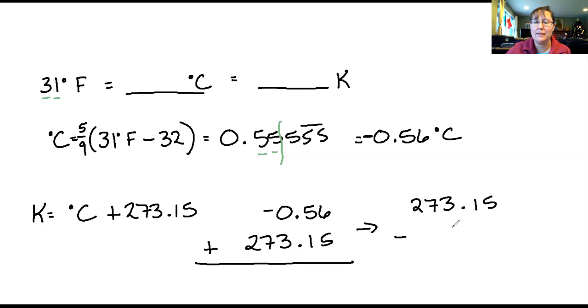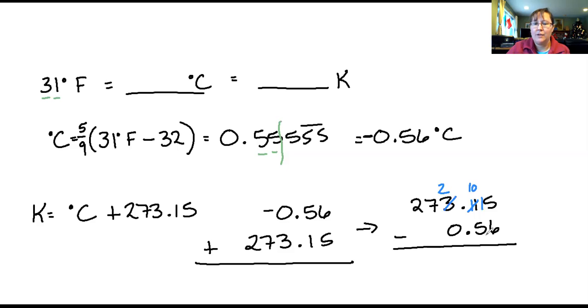273.15 minus 0.56. Okay. And so then I can see, yeah, I will actually do the whole thing by hand. Why not? Okay, so I will borrow, and that becomes a 2, a 10, and a 15.